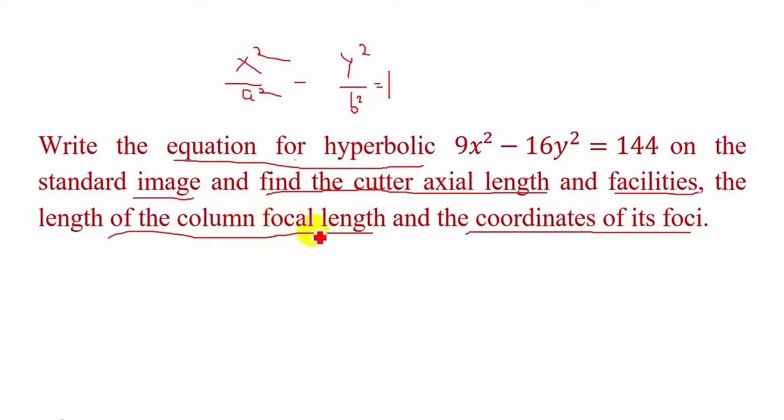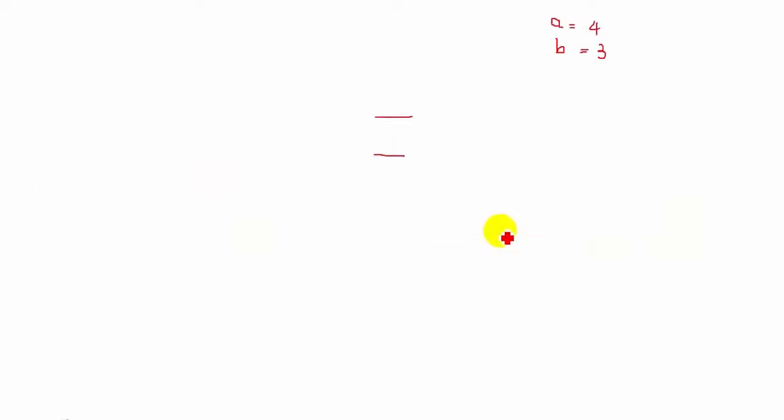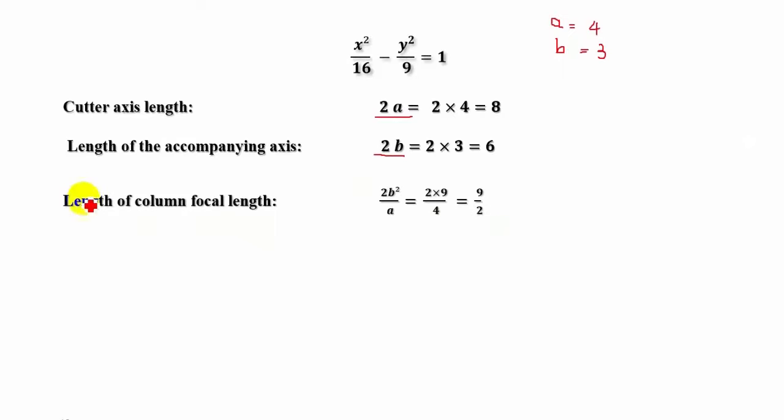What's left is the focal length and the coordinates. See what I'm going to get. The length of the focal comes from 2b square over a. So 2 times 9 over 4, it will be 9 over 2.